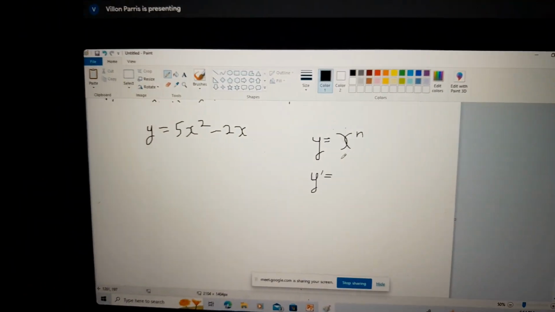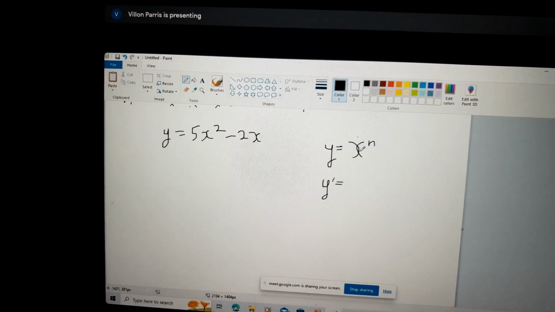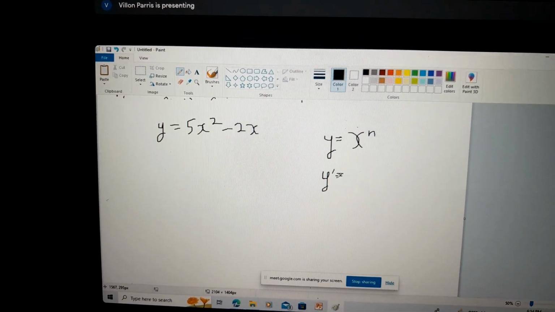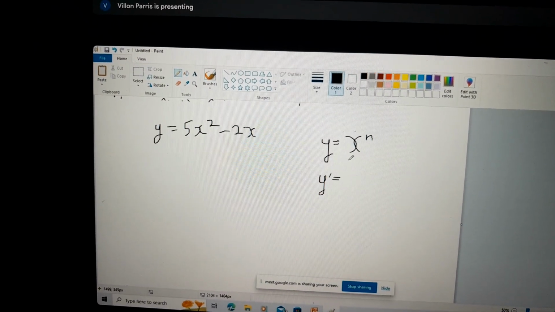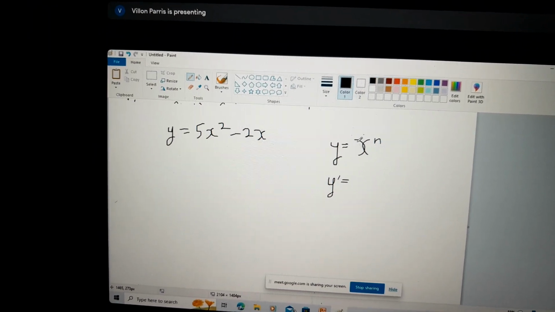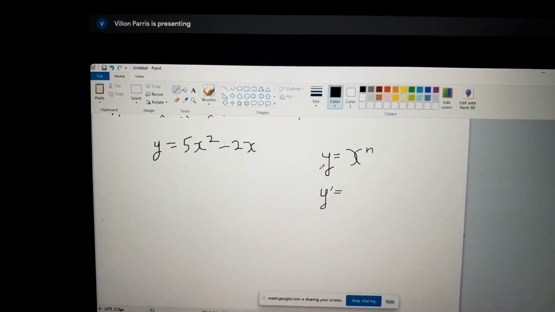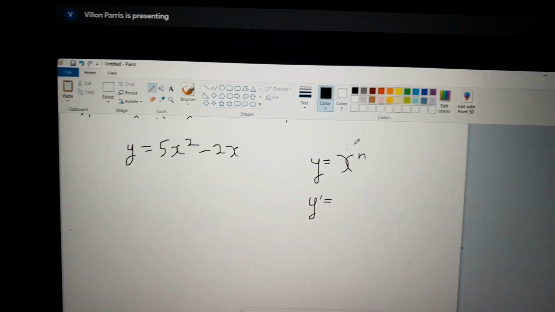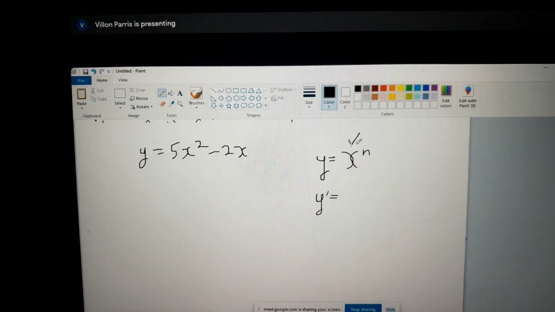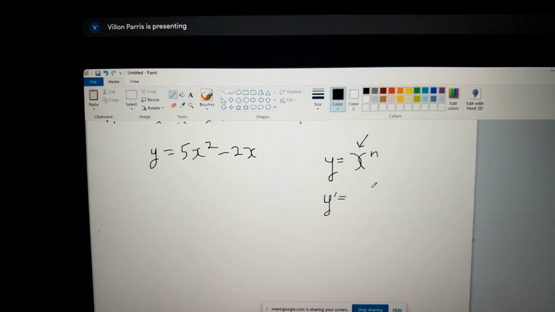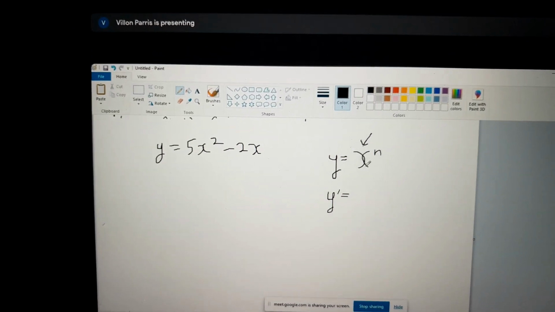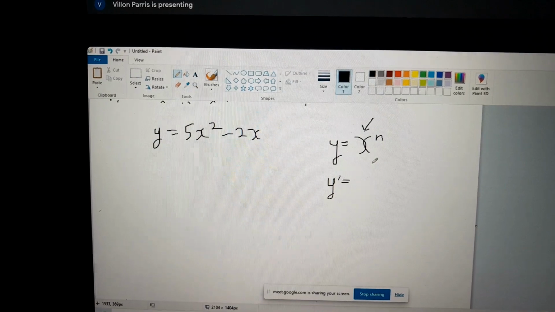I'm so sorry. So I'm saying if we have y is equal to x to the n power, what would the derivative of y be equal to based on the rule? Tell me what we'll do there. This one we're looking at. Come on, we just got the rule.